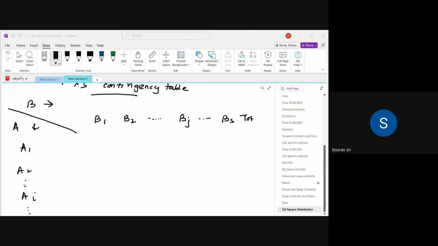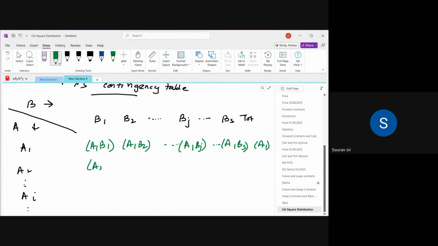So here, let's use another pen. For A1, B1, obviously we put A1B1, A1B2, dot, dot, dot, A1Bj, again A1Bs. So the total is A1.